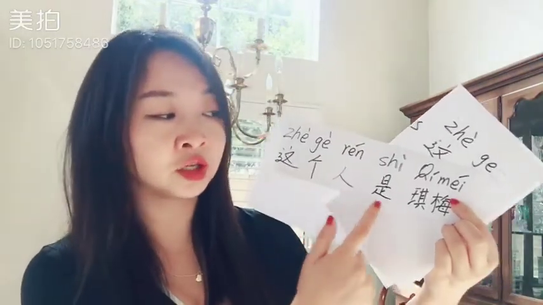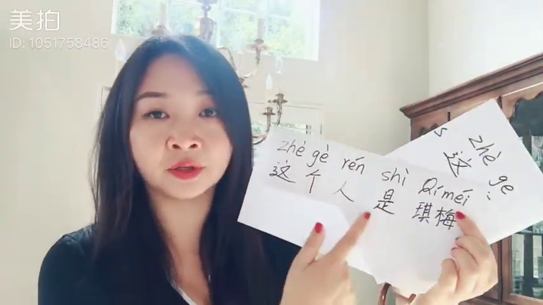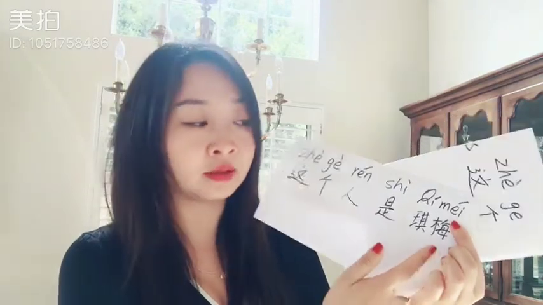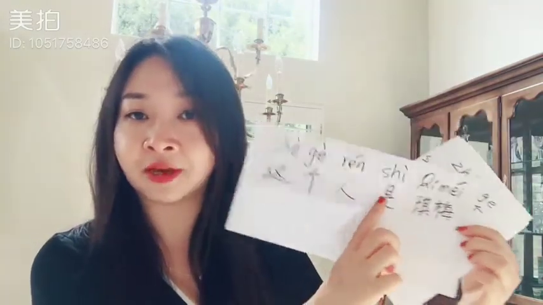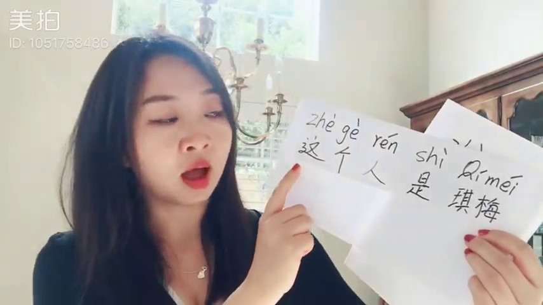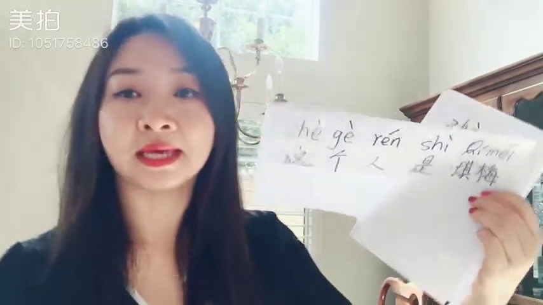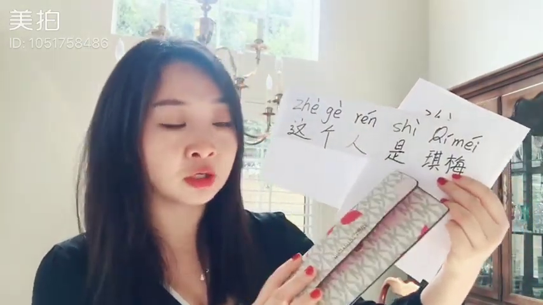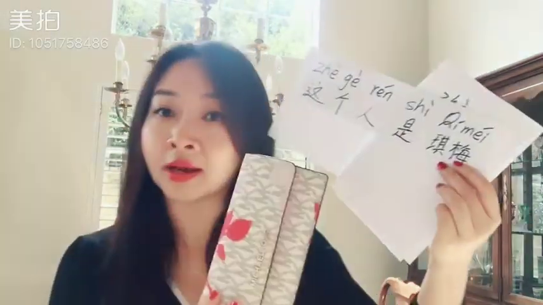So 这个人是齐美, this person is 齐美. Now the sentence can be finished, right? Or you can say another sentence: 这个钱包是我的, this wallet is mine. Now the sentence can be finished, right?